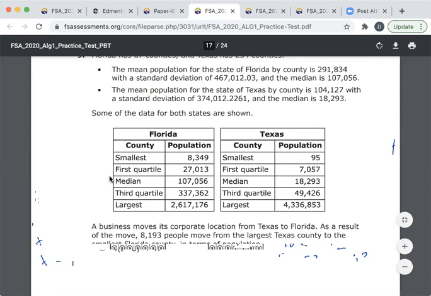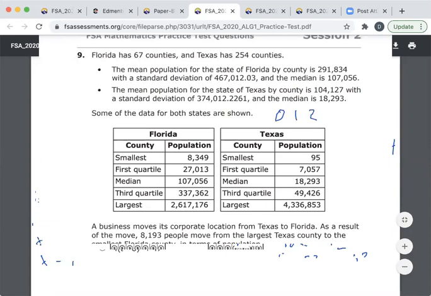So if I were to have the numbers, let's say 0, 1, 2, 3, 4, 5, 6, 7, 8. I squished my 8 in there. Okay, so the median is going to be the number in the middle. These are already lined up from smallest to greatest. So our median is 4, right?